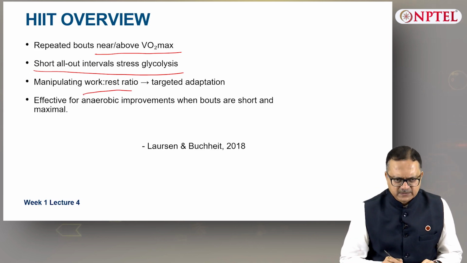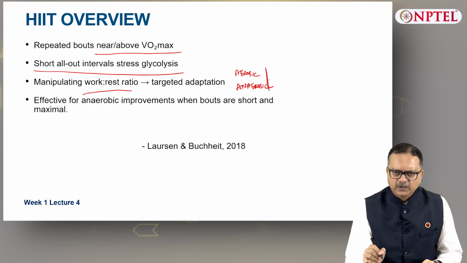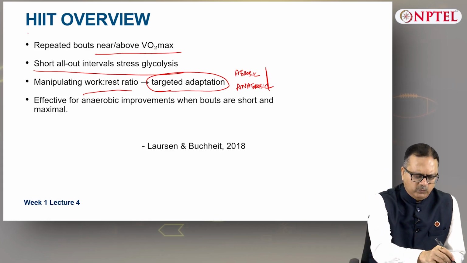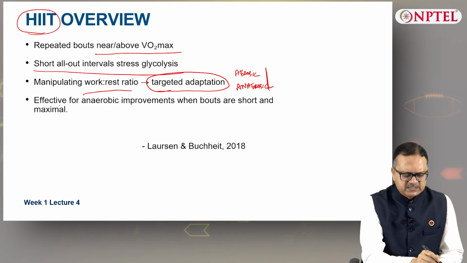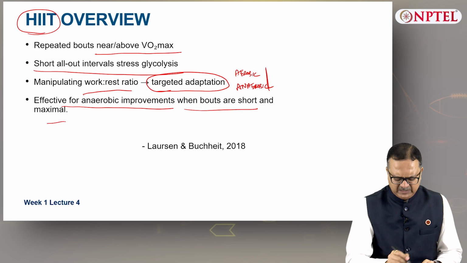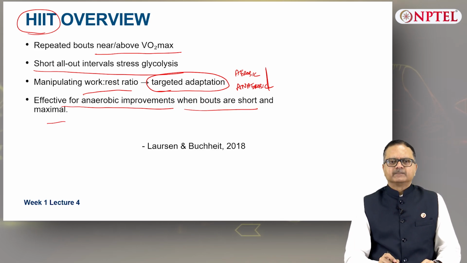What I mean to say is, you can improve aerobic also, you can improve anaerobic also, and somewhere in between also with your targeted adaptations, if you vary the HIIT techniques. It is effective for anaerobic improvements when the bouts are short and maximal, for example, boxing, kickboxing, etc.